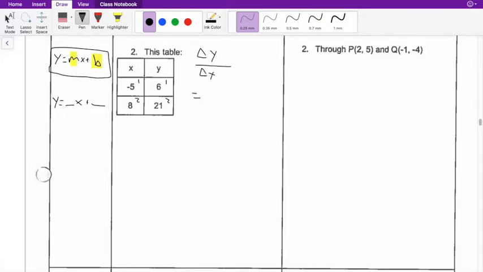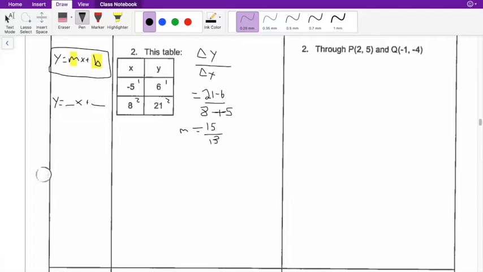That's going to equal 21 minus 6 over 8 minus negative 5. 21 minus 6 is going to be 15. And then 8 minus negative 5 turns into a plus, which is going to be 13. So that's our slope.